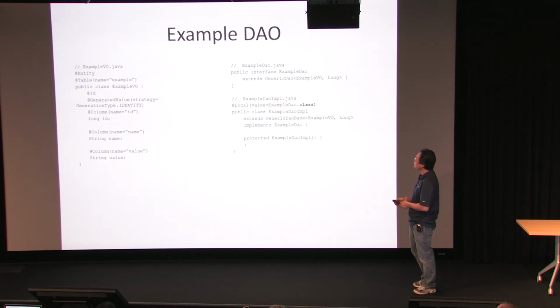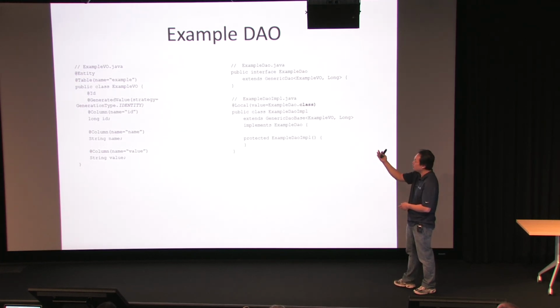So for example, if you really wanted to add something to the CloudStack schema, and there's something that needs to be done inside the kernel, then this is an example of how you would add a DAO into our system.